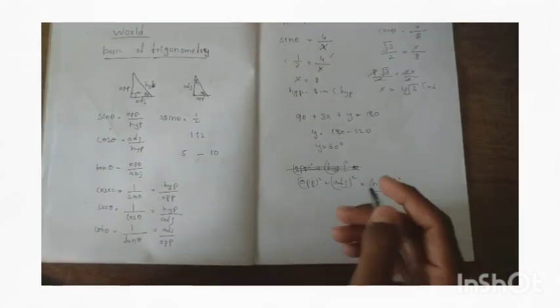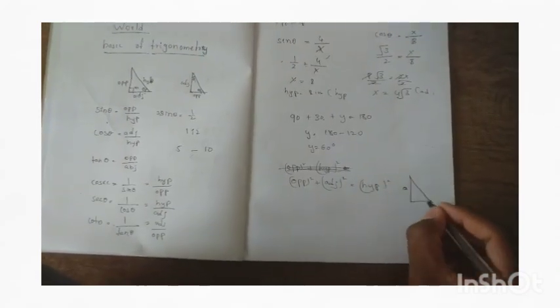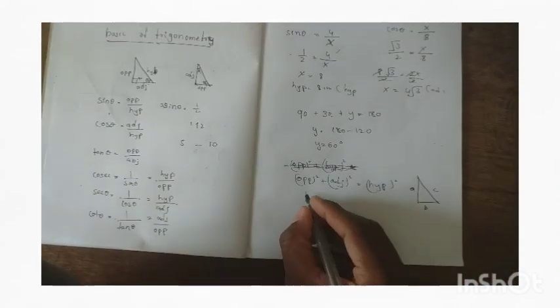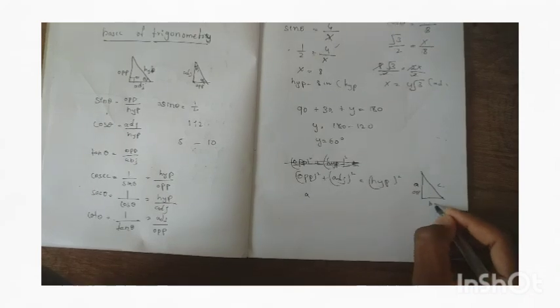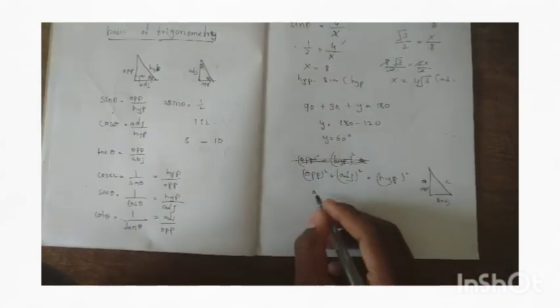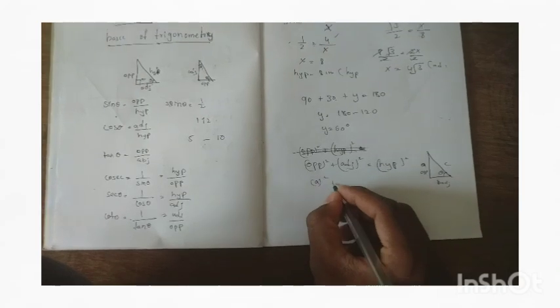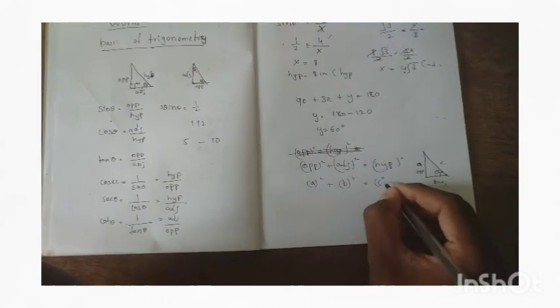It is simple, right? If I draw a triangle, we take these as A, B and C. I am taking A as opposite and B as adjacent, and this is theta. Then A square plus B square is equal to C square.